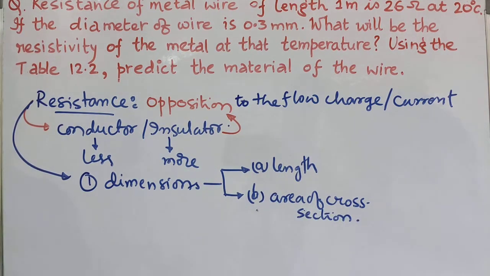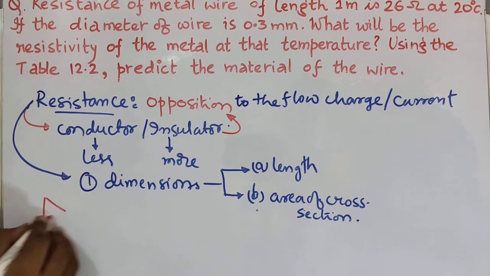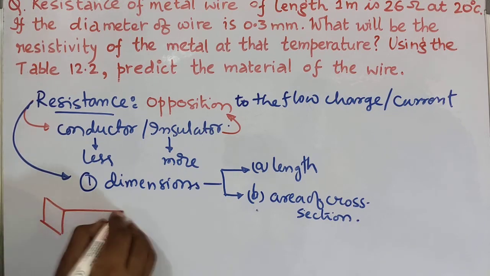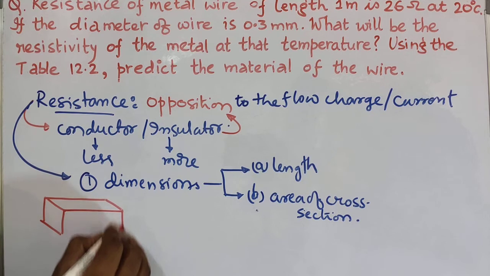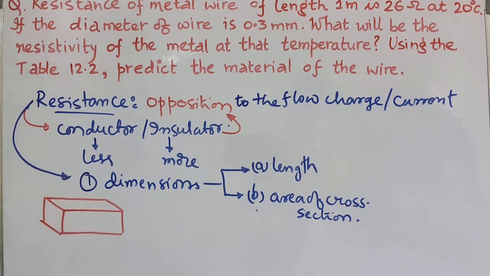So what do you mean by length? Length is the distance through which the current flows along the conductor. Let me give you one example. Let's say I have a cuboidal wire, a wire in the form of a cuboid, attached to a circuit.